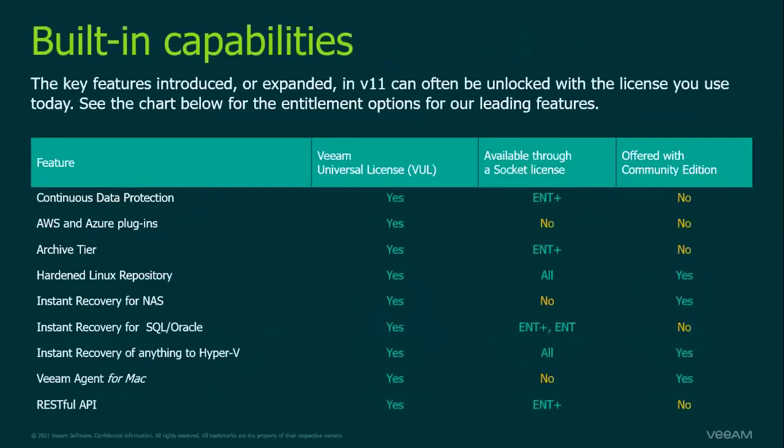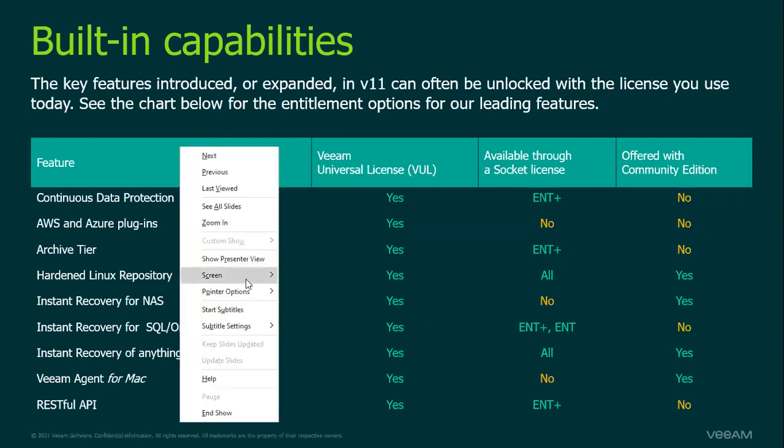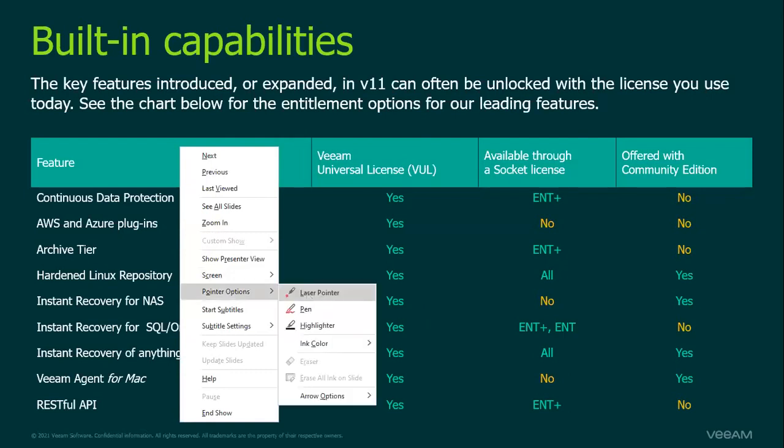What are the new enhancements which you see in Veeam? There are some new capabilities, some new enhancements which have come up. In today's world, there is something Veeam has changed when it comes to licensing editions. You are already aware that there is something called Veeam Universal License, right?